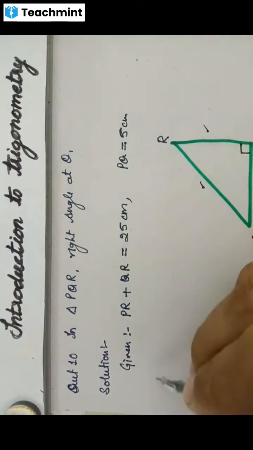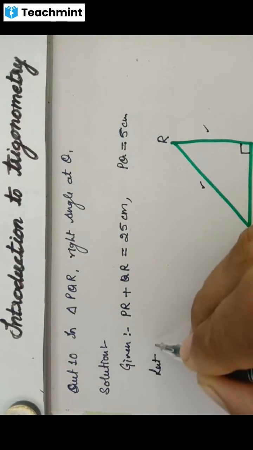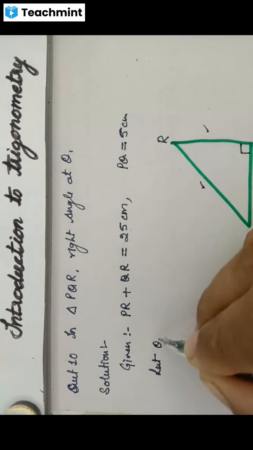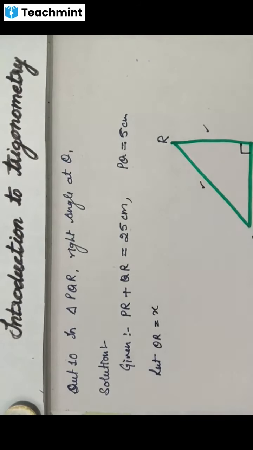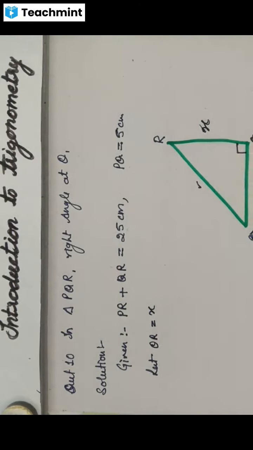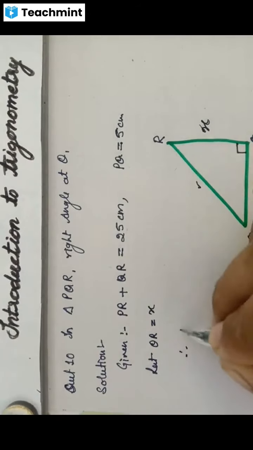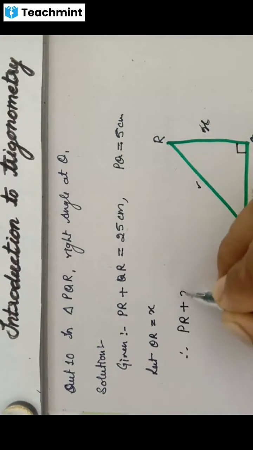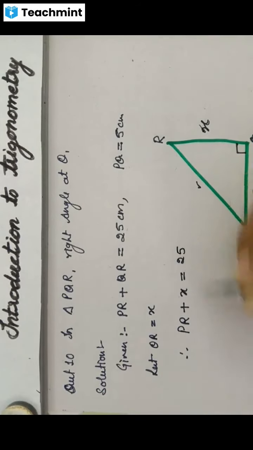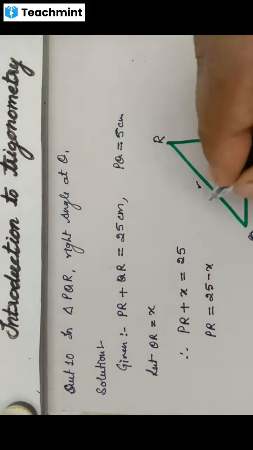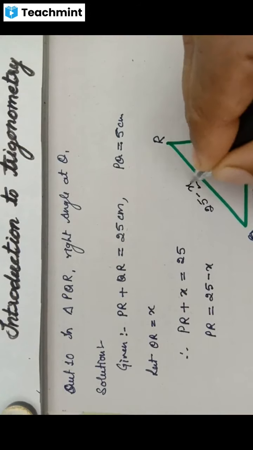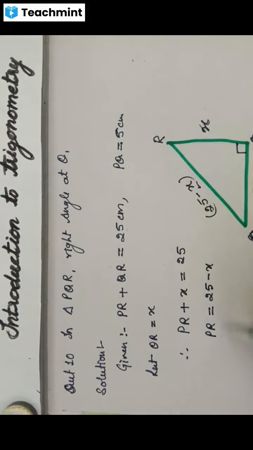So you can see here, let QR be equal to X. I have taken this as X. Therefore, I can write PR plus X is equal to 25, and my PR side is equal to 25 minus X. So I am going to write 25 minus X here. So this we have done.